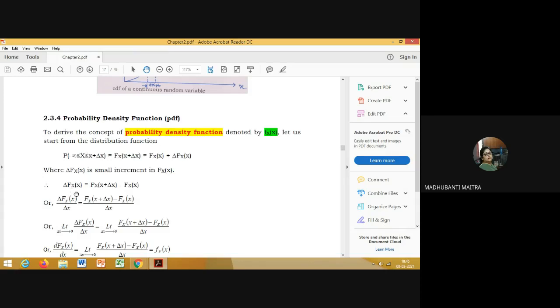Now if you divide this equation by delta x, then we get delta F_X by delta x equal to the numerator divided by delta x.